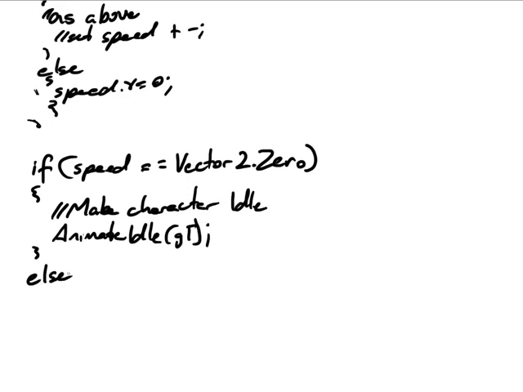Else, if our speed is not equal to 0, then that means our player state is walking. So we'll put in here, therefore, we are walking. And if we're walking, what do we need to do? Well, we need to move, so we better update our position. Position.